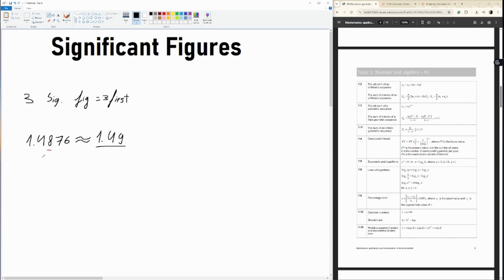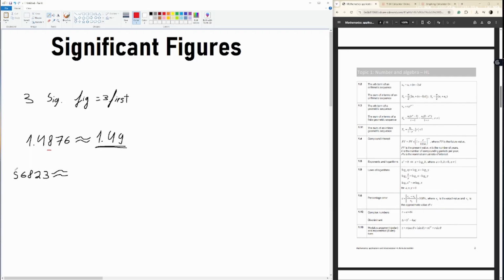However, it does get a bit trickier after this as well. So let's say that we're looking at huge sums of money and you have a number like 50,823, and you're now wondering, how do I give this in 3 significant figures?